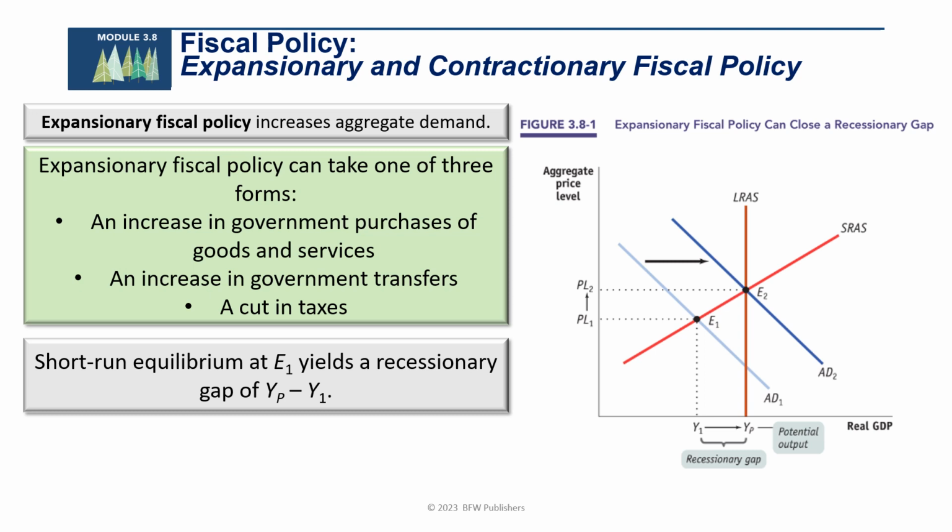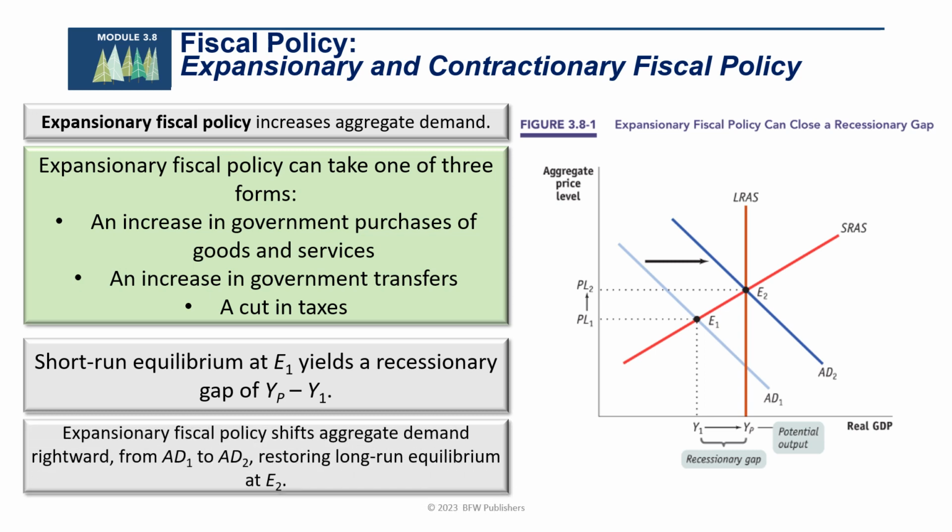The idea is, if we are in a recessionary gap where real output is falling short of potential, we implement expansionary fiscal policy: an increase in government spending, tax cuts, an increase in transfer payments. The goal is to shift aggregate demand from its current level back towards full employment output, or potential GDP.